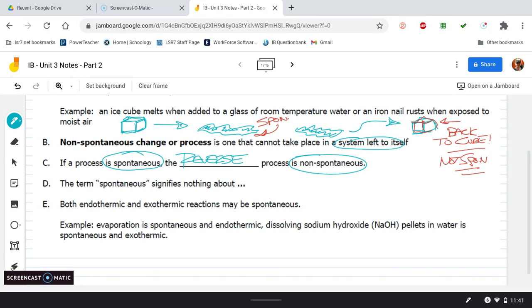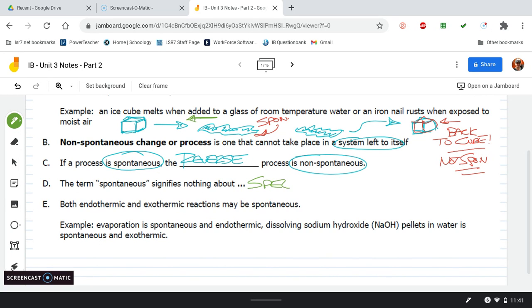If you look at the ice cube up here, if we went one direction, it would be spontaneous, but if we drew the arrow the other way, that's the not spontaneous. They're just two sides of a coin. Now the term spontaneous signifies nothing about speed or how fast it happens.